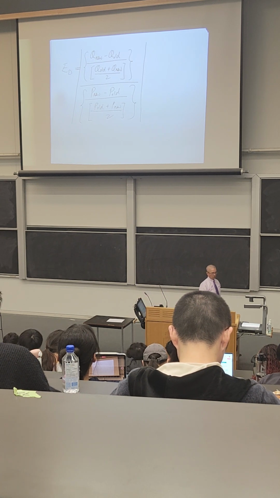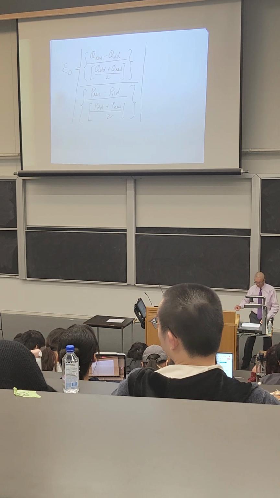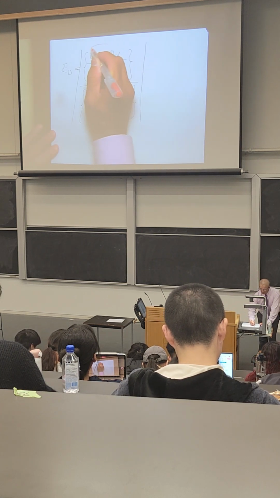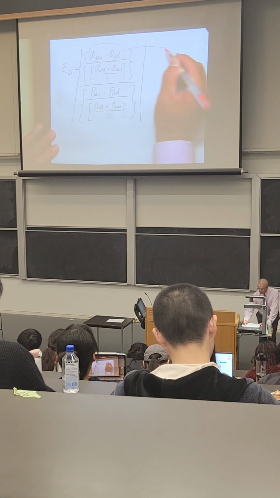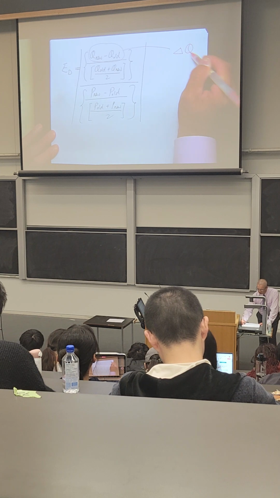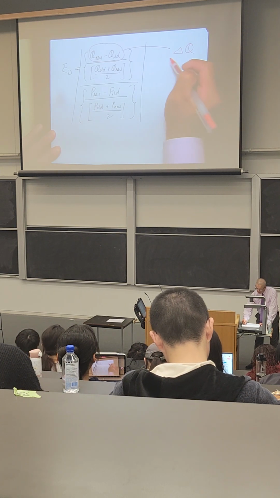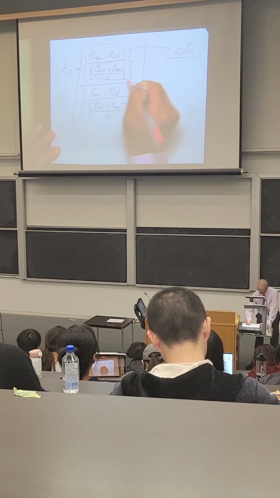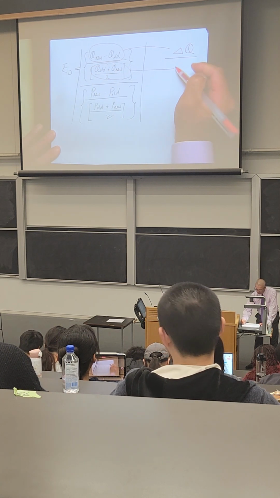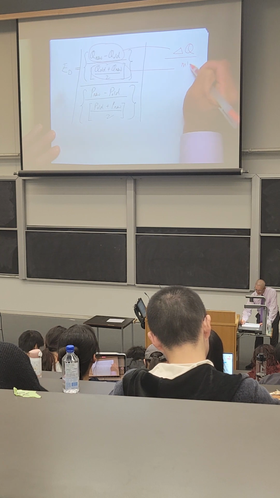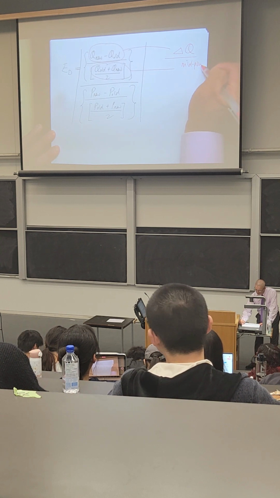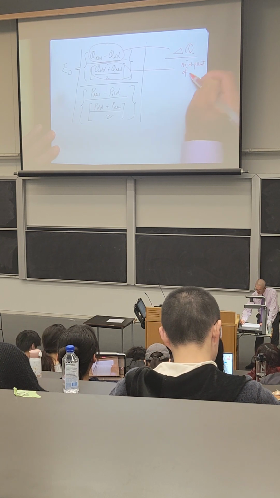What it actually measures is that the one up here measures the change in quantity, and the one down here measures the midpoint of the two quantities.